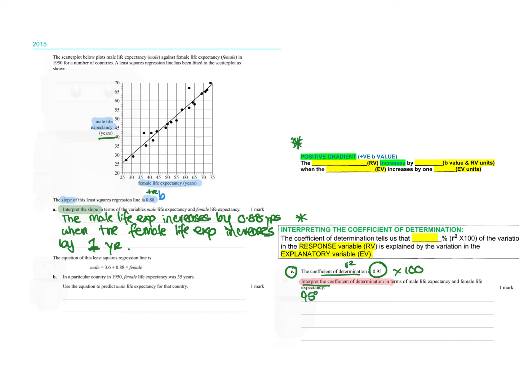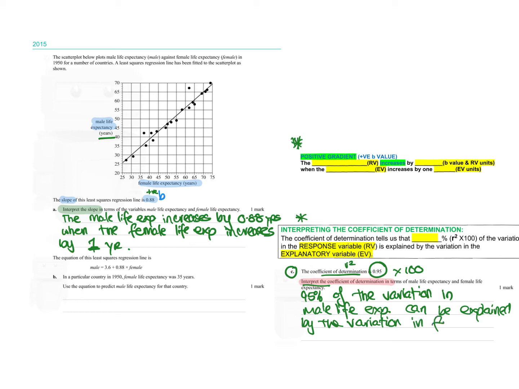So we're going to say that 95% of the variation in the response variable, which is male life expectancy, can be explained by the variation in female life expectancy. Okay, so I'm just reading the EV and the RV off here because I know that.